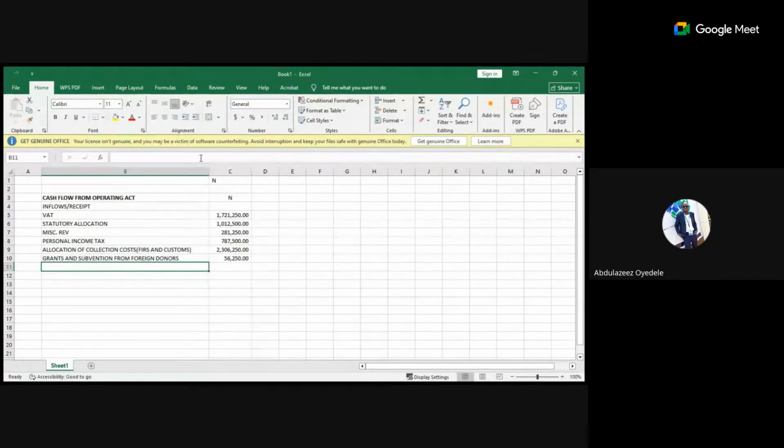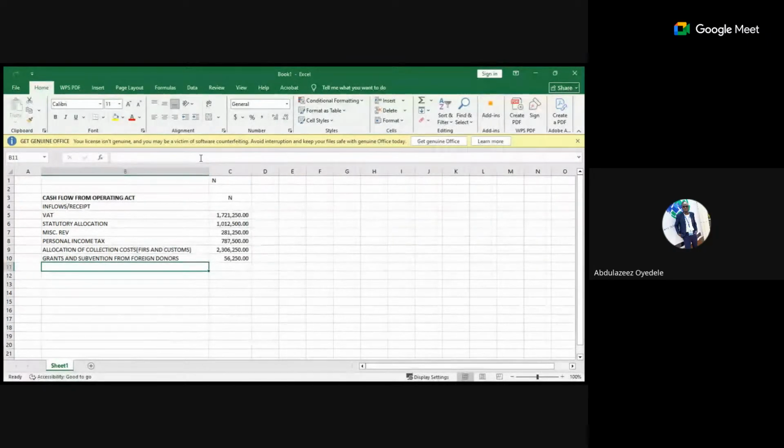Purchase and reconstruction of non-current assets, this is an investing activity. Proceeds from sales of federal government properties, investing activity as well. Purchase of market securities, this is investment as well. Then cash at the beginning of the year, then proceeds from loans and other borrowing, this is financing, and we have cash at the end of the year.